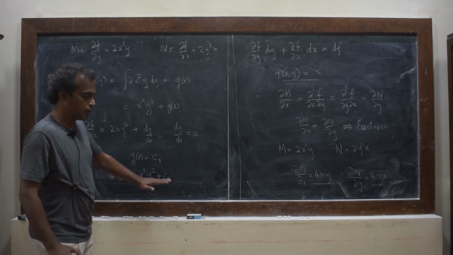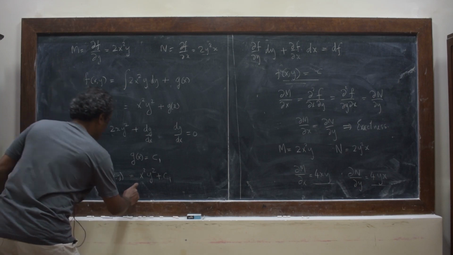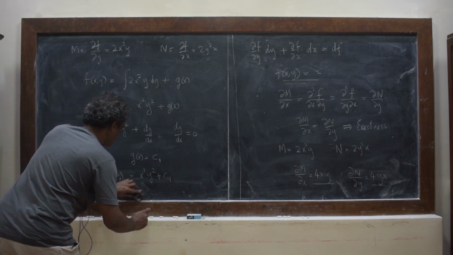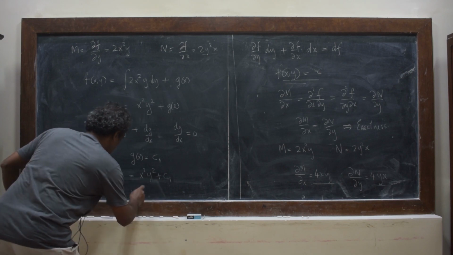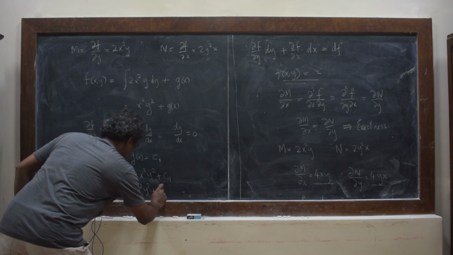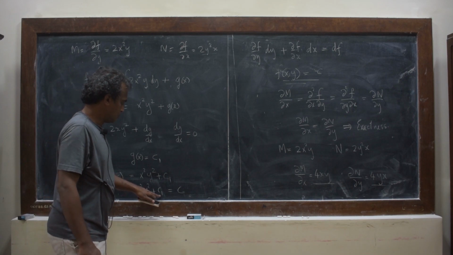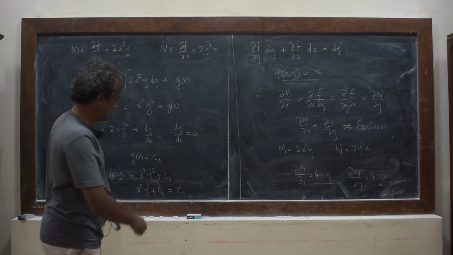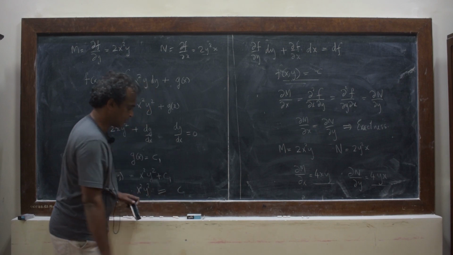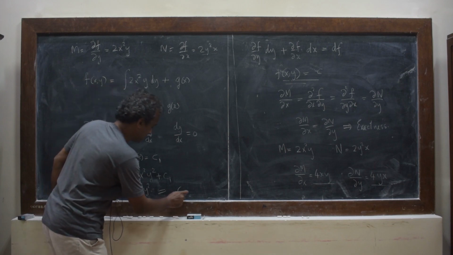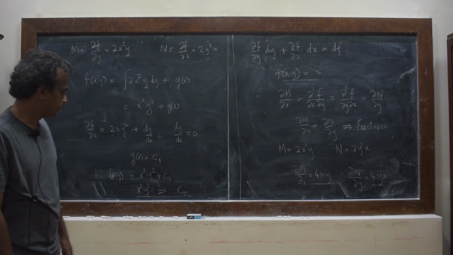Now, having found what f of x y is, substituting this into the form of the solution, we get x square y square plus c1 equal to c as the solution that we want. Of course, since both c1 and c are arbitrary at this stage, it is good to write c minus c1 as some c0 and express the solution in this form.